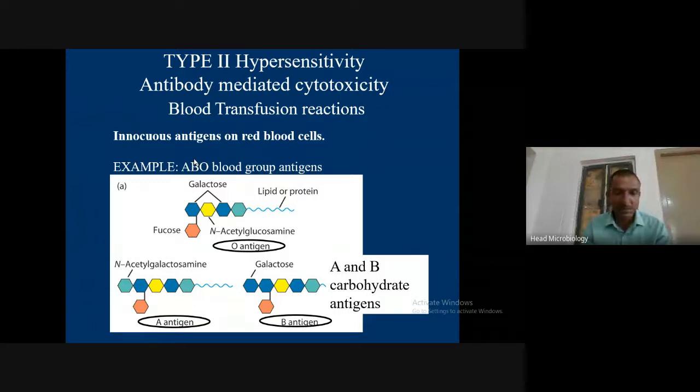Sometimes the father is O positive, the mother has B positive, and the kid has B negative. So there is a differentiation and a lot of problems.